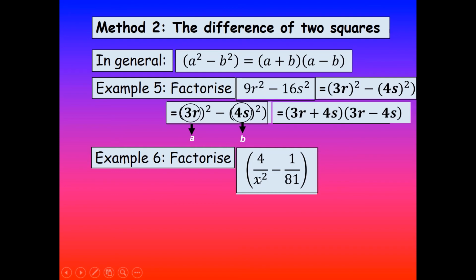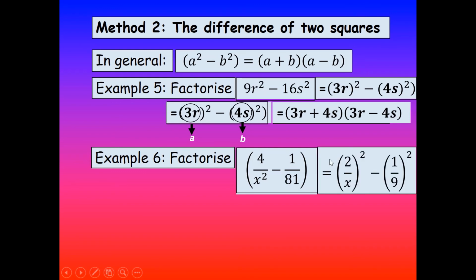What you need to do is write each of these in a square form. So 4 over x squared can be written as 2 over x whole thing squared, because the square root of 4 is 2, and then the square root of x squared is x. And 1 over 81 is 1 over 9 whole thing squared.